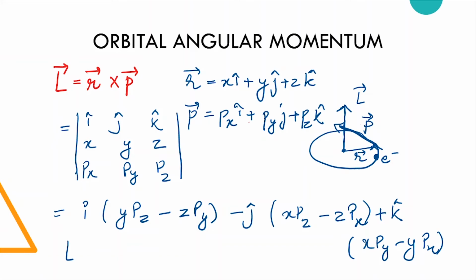So we can rewrite the components. Lx component is this, Ly is this, and Lz is this. We can rewrite this on the next slide.